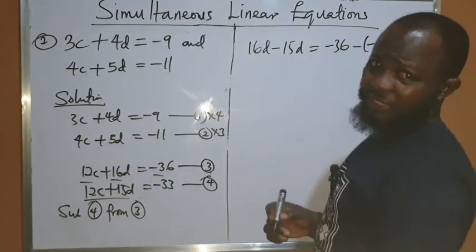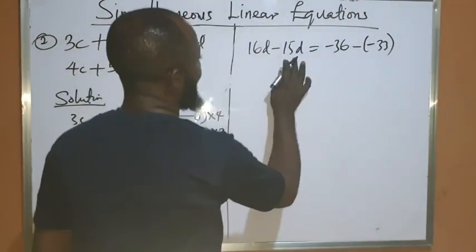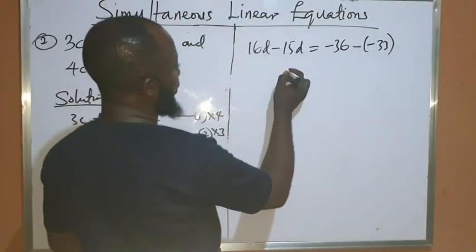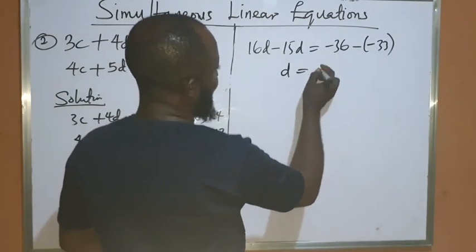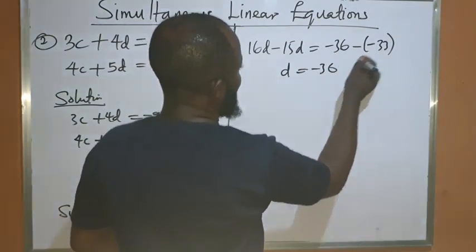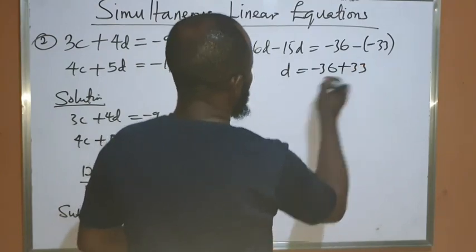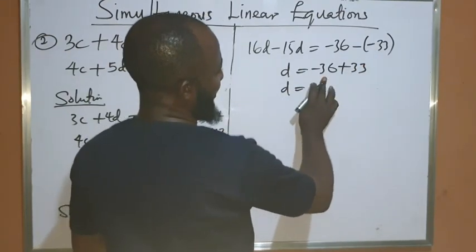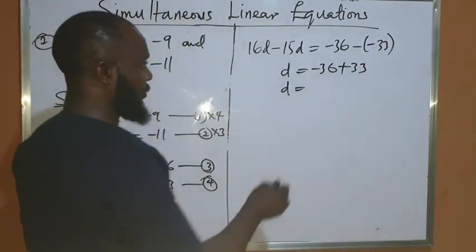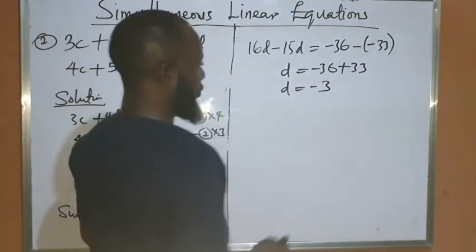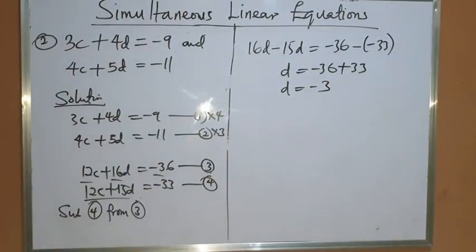I hope that is very clear. So we have 16g minus 15g gives us g. Then minus 36, minus times minus gives plus 33. So g equals minus 36 plus 33, which gives us minus 3. So the value of g here is minus 3.